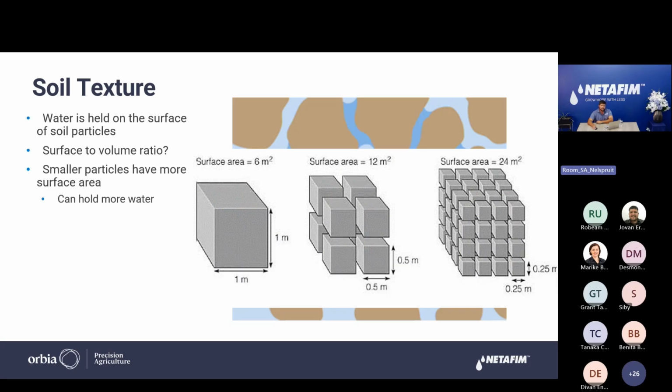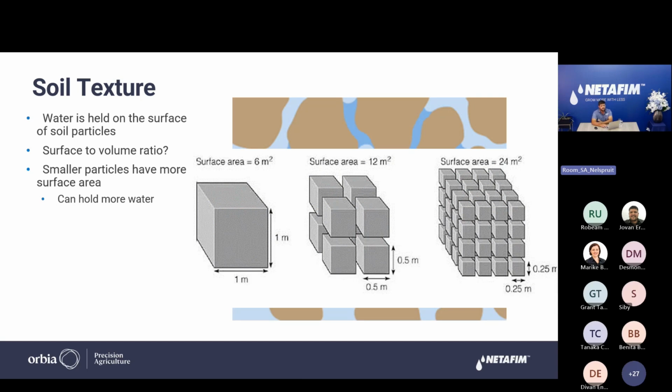But your water goes and attaches itself to the surfaces of the particles. It cannot penetrate into your sand or silt or clay particles. So air and water moves in between the particles, and the water is out on the surface.